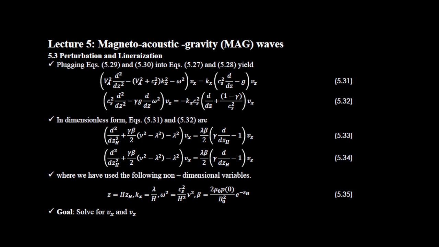Now, we can rearrange this equation to give us omega squared minus cs squared kx squared, into Vx, will give us kx of cs squared d by dz minus g of Vz.